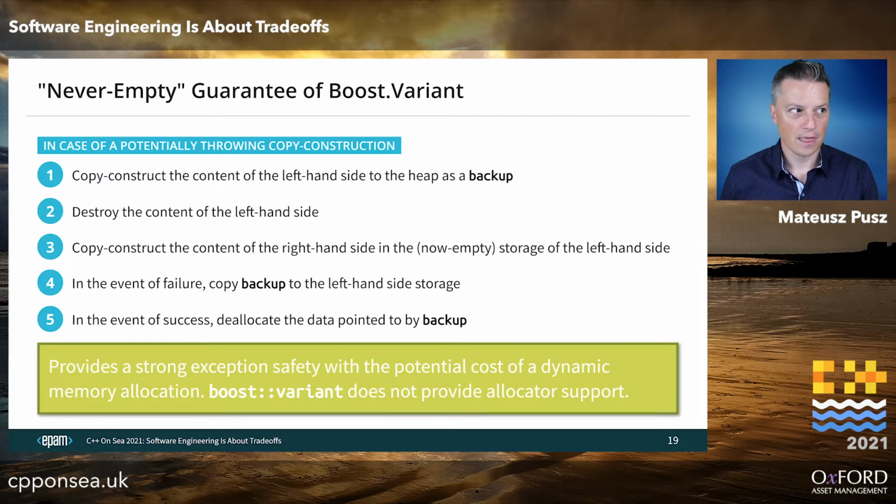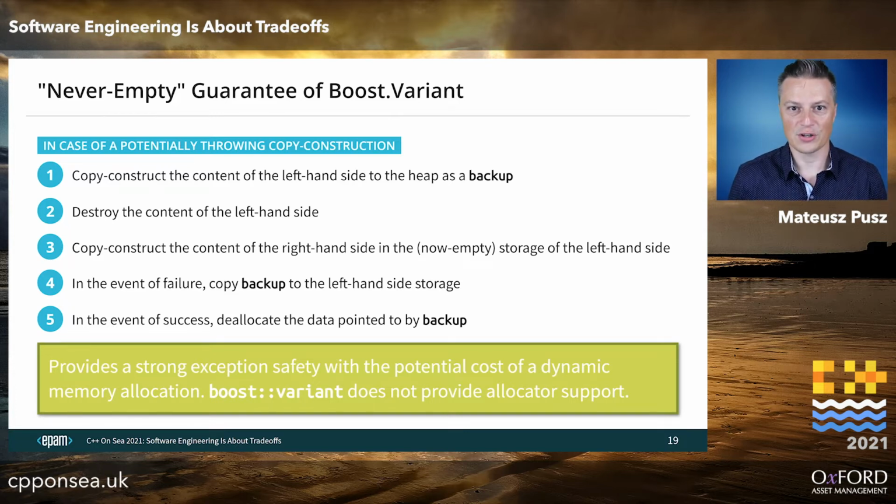And now we have to choose. Which solution do you think is better? Is it better to stick to strong exception safety guarantees, so it's easier to code? Or maybe we should limit the number of allocations or basically disallow allocations for variant, like the standard library did.